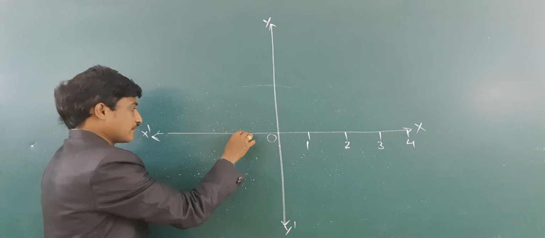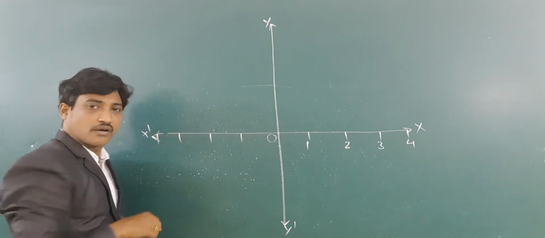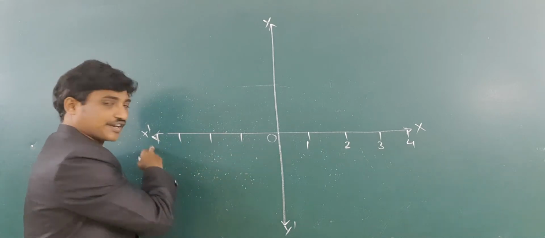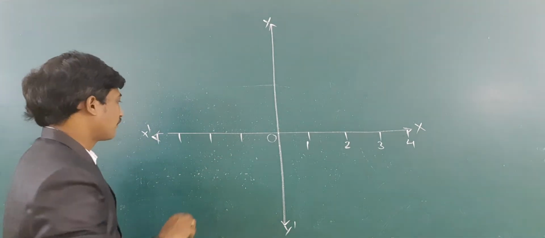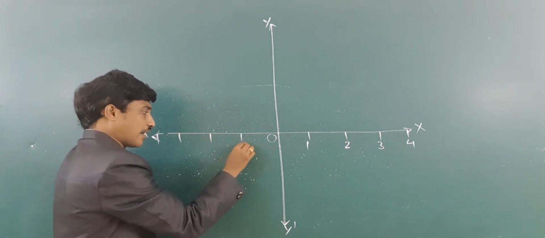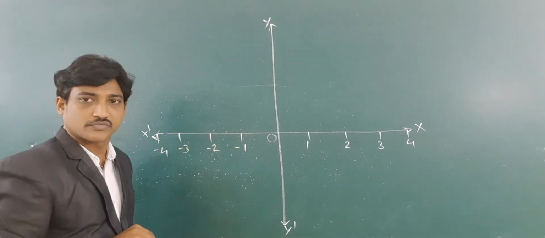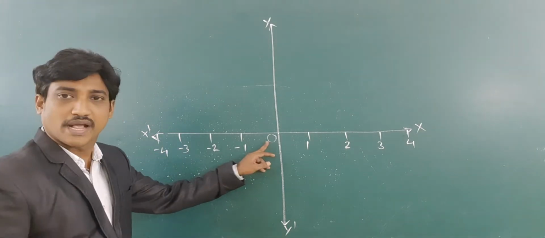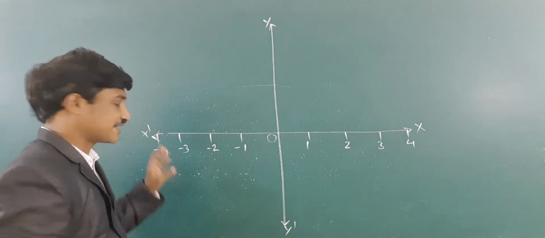Distances marked along OX' are taken as negative: -1, -2, -3, -4. So OX' is called the negative x-axis.